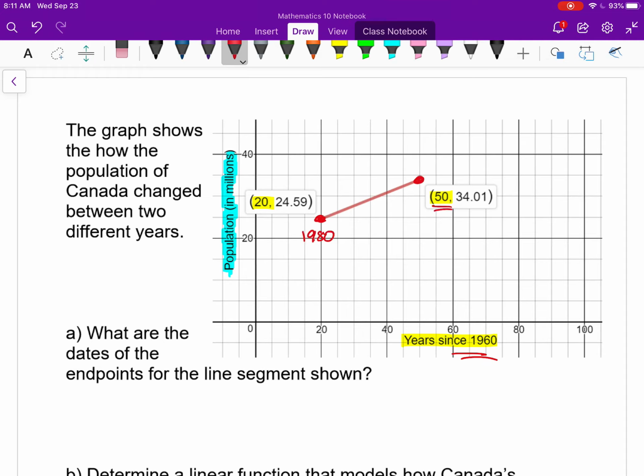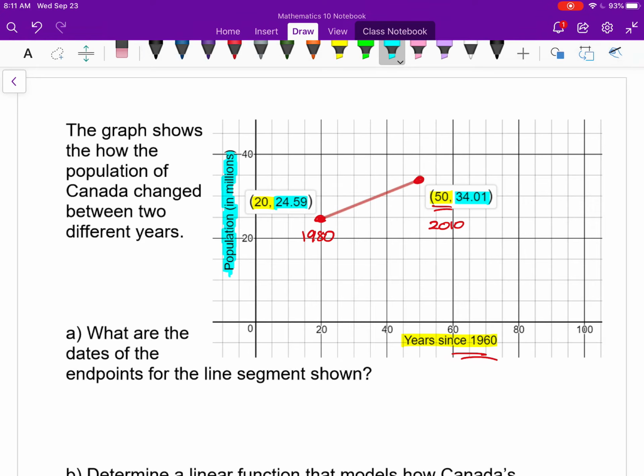And this 50 right here is 50 years since 1960. So this is 2010. Okay, that's what those represent. And the y coordinates, 24.59, 34.01, those are the actual population of Canada during those 2 years. In the year 1980, Canada had roughly 24.5 million people. In the year 2010, it had roughly 34 million people. All right, so that's part A done.